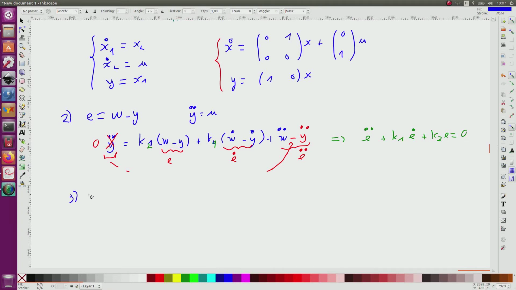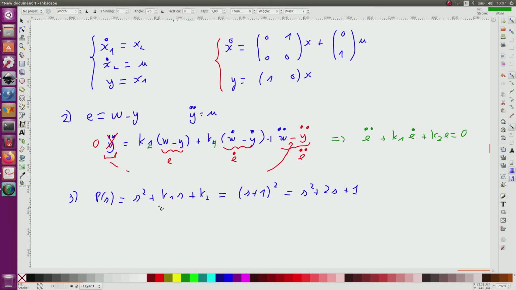Question number 3. The characteristic polynomial of this differential equation is p of s equal s squared plus k1 s plus k2. And I want the root of this polynomial equal to minus 1. So for this, I will choose (s plus 1) squared, which is equal to s squared plus 2s plus 1.